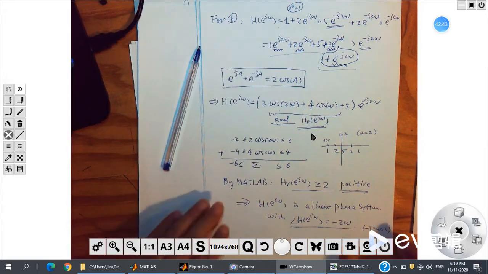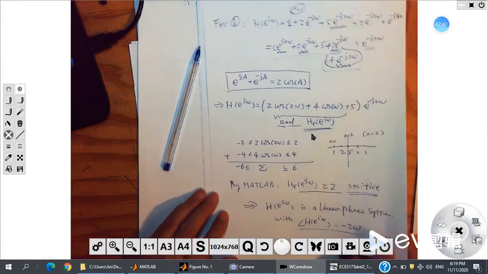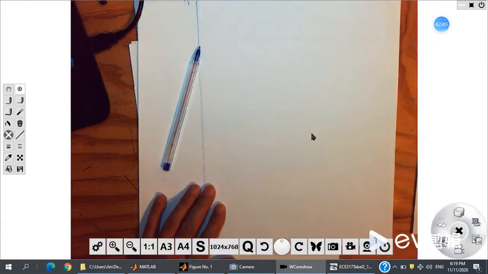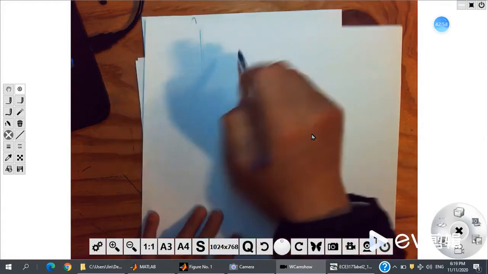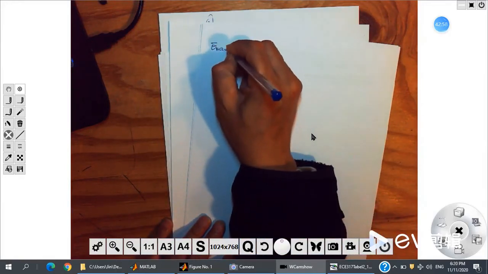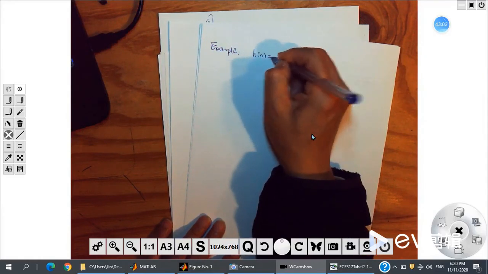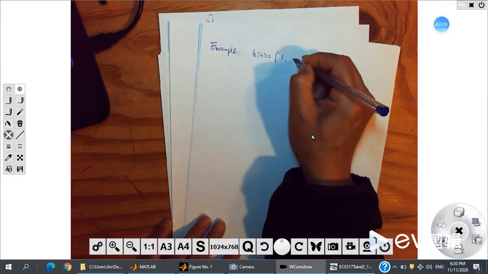Yeah. Okay. So this is another example. Now let's consider one more example. It is not really linear phase. Okay, one more example. I use h of n now as 1 1 1.